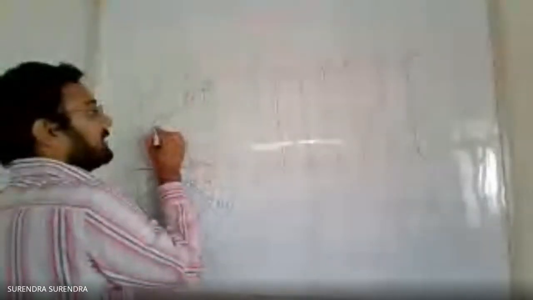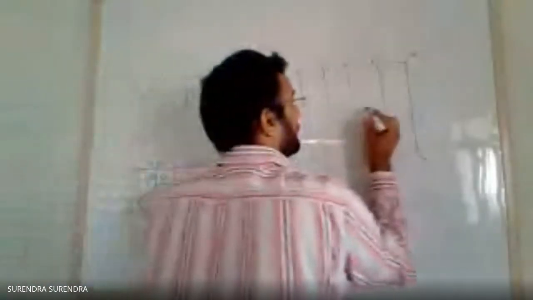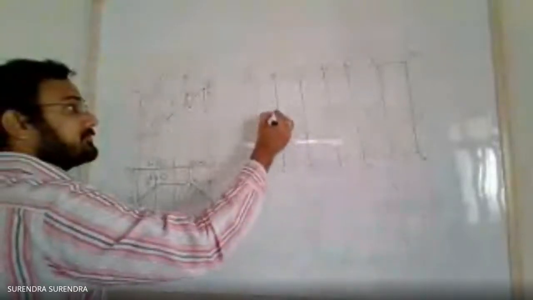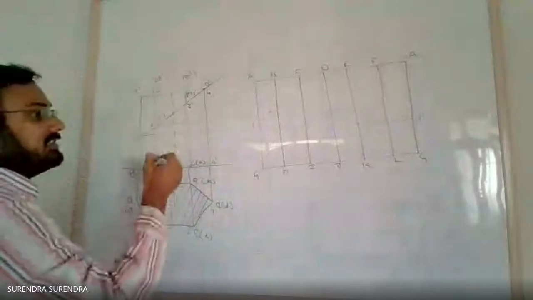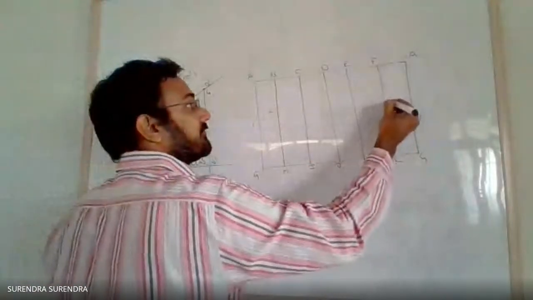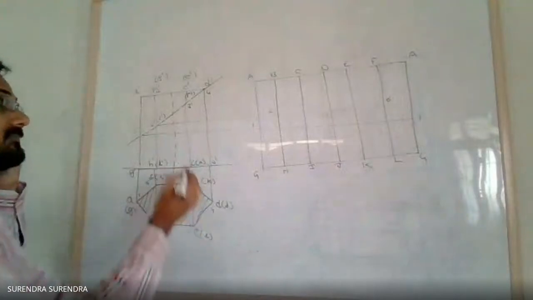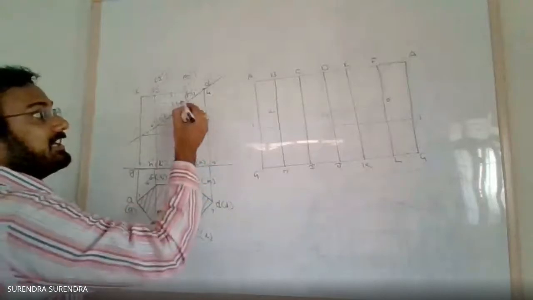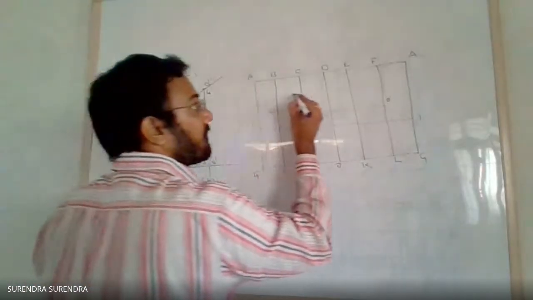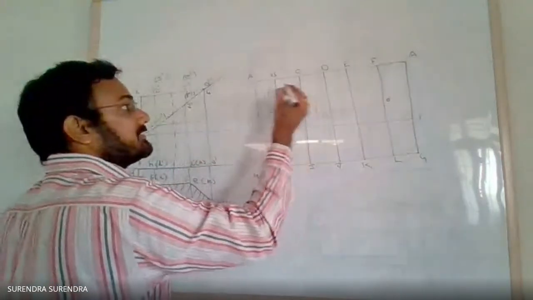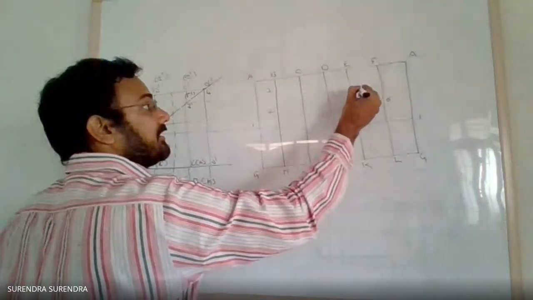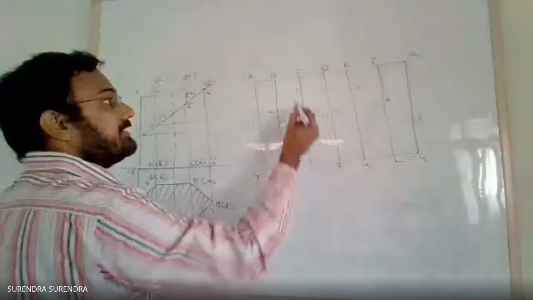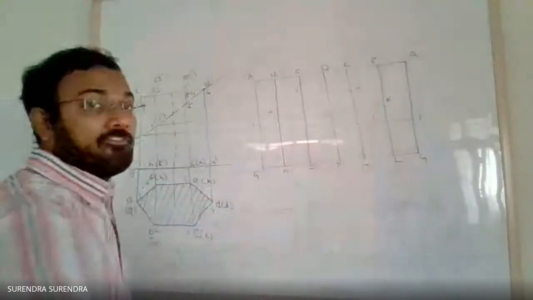So draw a parallel line from this. 2 is on BH, so this is point 2. 6 is on FL, point 6. Next, 3 and 5. They are on CI and EK edges: on CI 3, on EK 5.